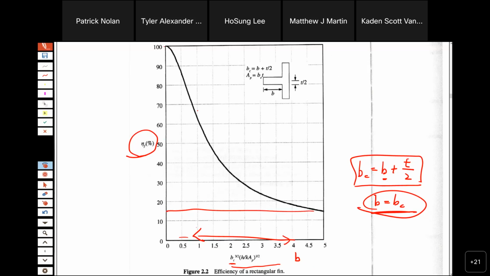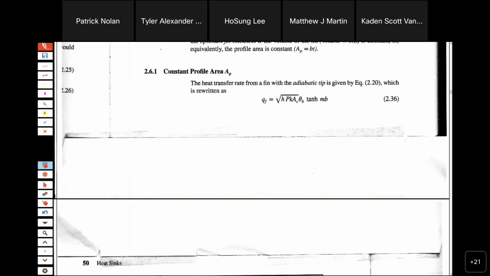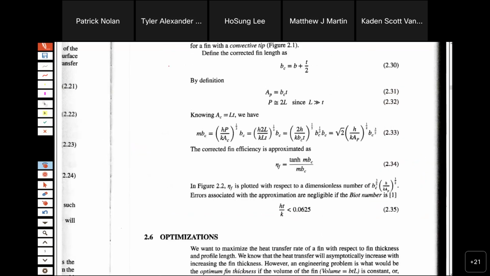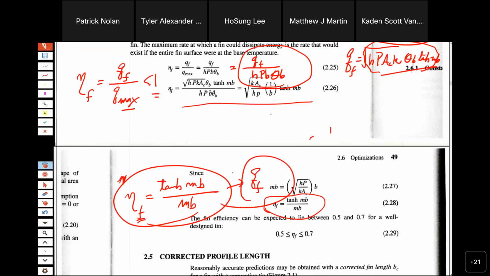So don't think of efficiency as higher the better, no. What we need is very convenient. You have to understand, otherwise you will be confused. It turns out actually that between 0.5 and 0.7 is good in design. This is good design.